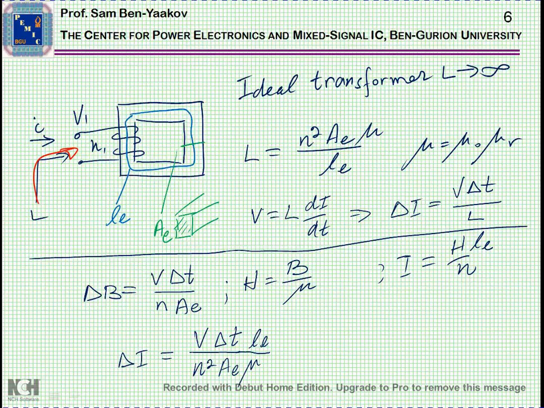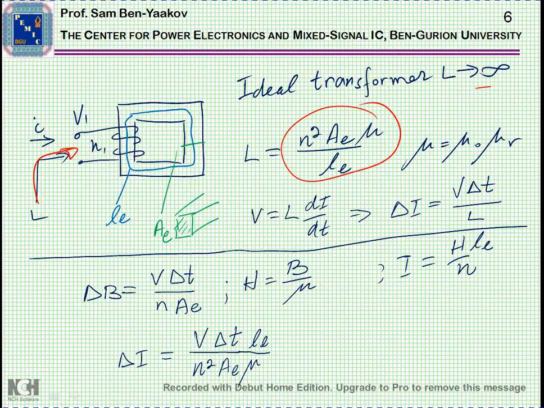An ideal transformer should have an inductance which is infinitely large. That is, it's like an open circuit, you might say. In reality, you see inductance, of course, and the value is described by this equation.